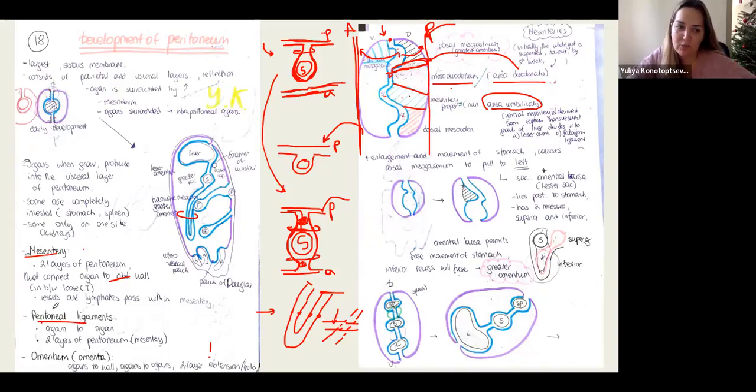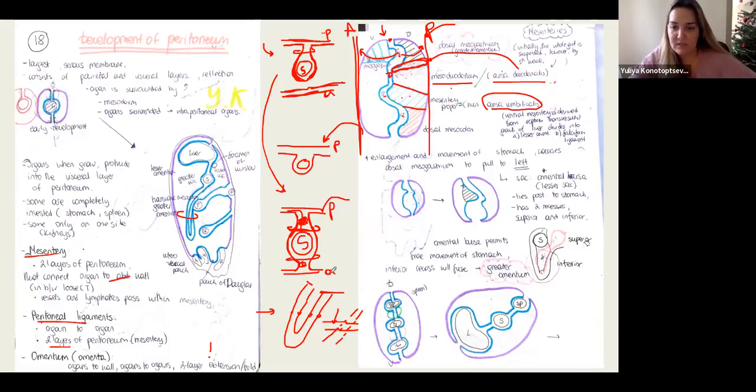And each ligament we know is two layers of peritoneum. So do the math. If there are two ligaments next to each other, how many layers of peritoneum is there? Four layers of visceral peritoneum. So that is a lesser omentum. That is a false omentum. I repeat, because it doesn't fold. There is no folding. There are just four layers of visceral peritoneum.